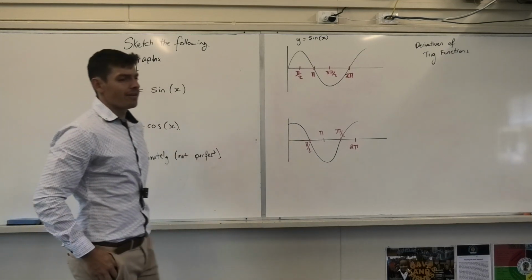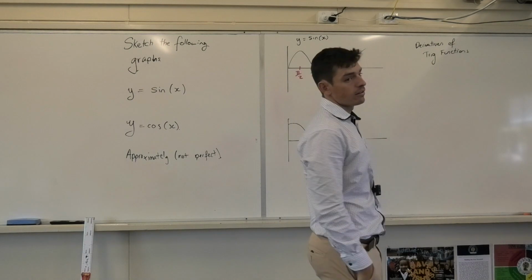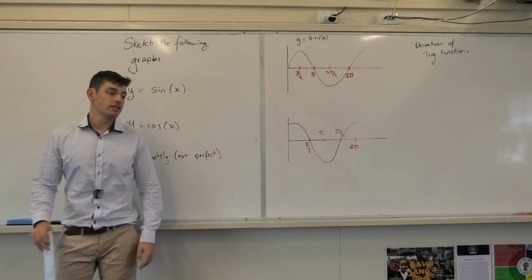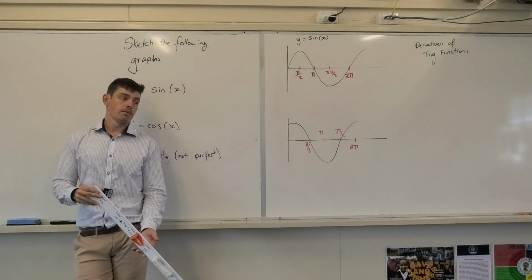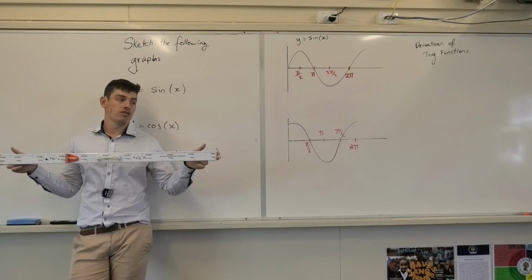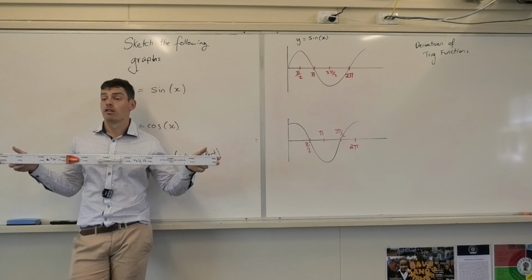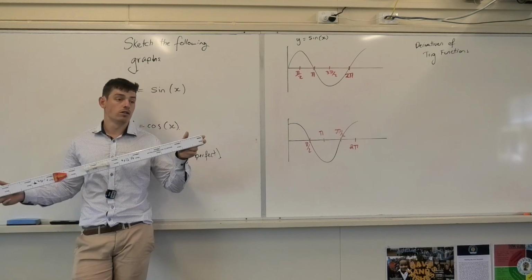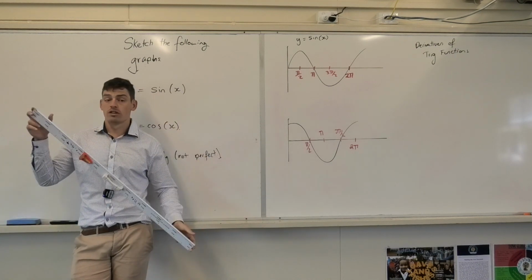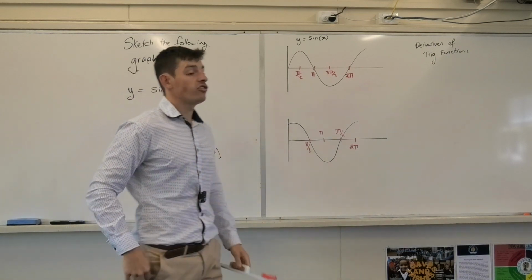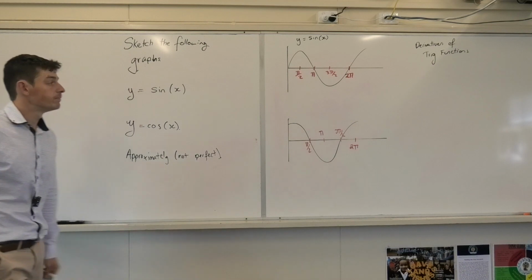Where do you think the derivative equals 0? When do we get a derivative of 0? When we have a min or a max, correct? That occurs when our gradient is? What's the gradient of this ruler right now? 0. Horizontal line, correct? So what I'm really getting you to do is trace your graph and look for horizontal lines. Circle any point in time where your gradient, your derivative, your tangent, has a horizontal line.